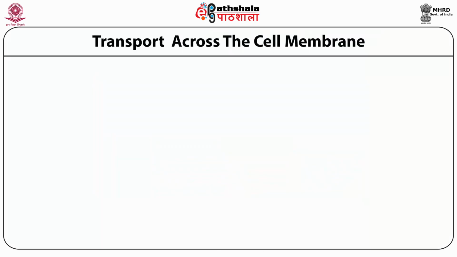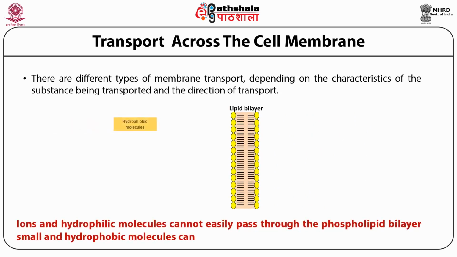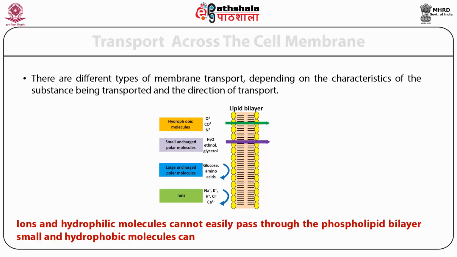As I told you, the plasma membrane is selectively permeable, and there are different types of membrane transport depending upon the characteristics of the substance being transported and the direction of the transport. In this figure, you can see the structure of the lipid bilayer and classes of molecules with their examples. Ions and hydrophilic molecules cannot pass through the phospholipid bilayer. Small and hydrophobic molecules can.